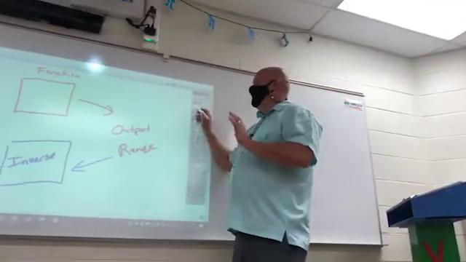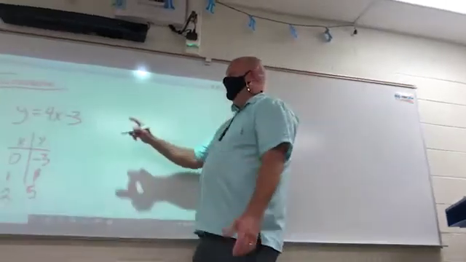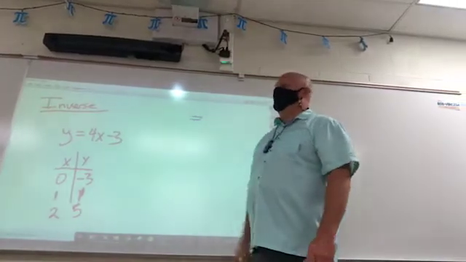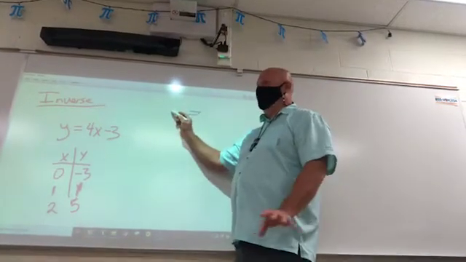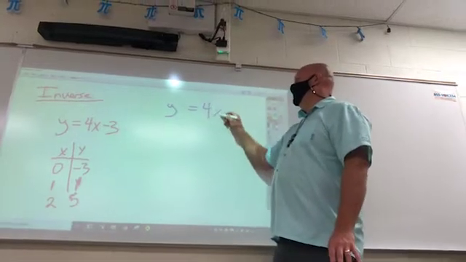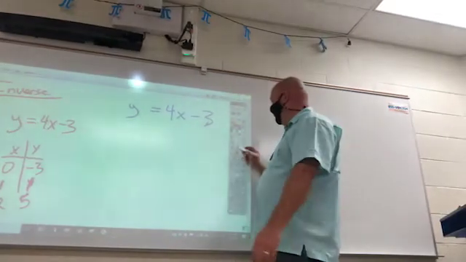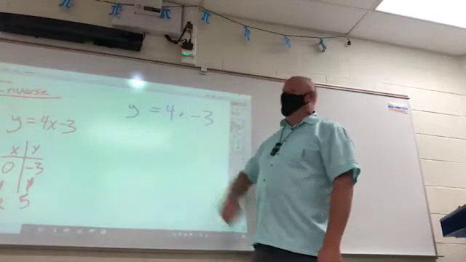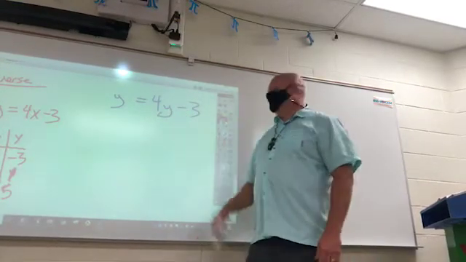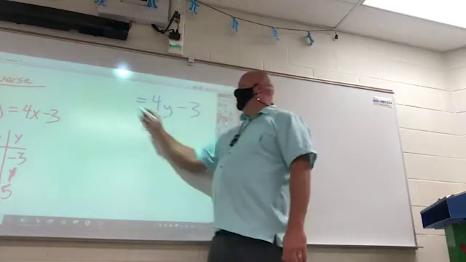Okay, so inverse functions, how do we make them? Well, the process is actually very simple. Step one, we are going to rewrite the function, but we're going to make some changes. We're going to rewrite it as is, but wherever you see an x, you're going to replace it with a y, and wherever you see a y, you're going to replace it with an x.